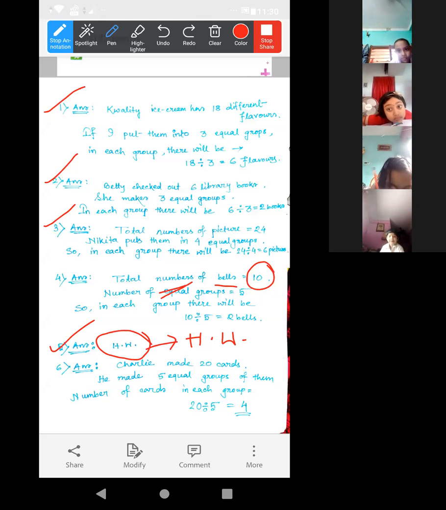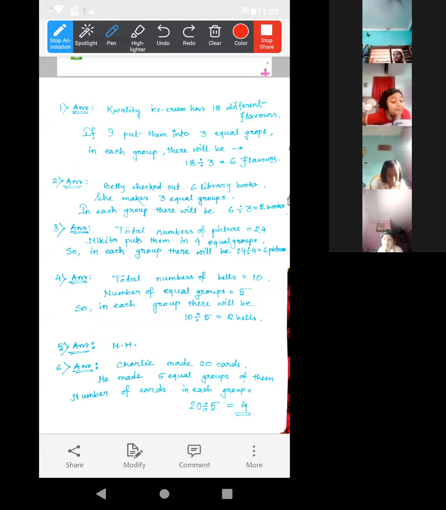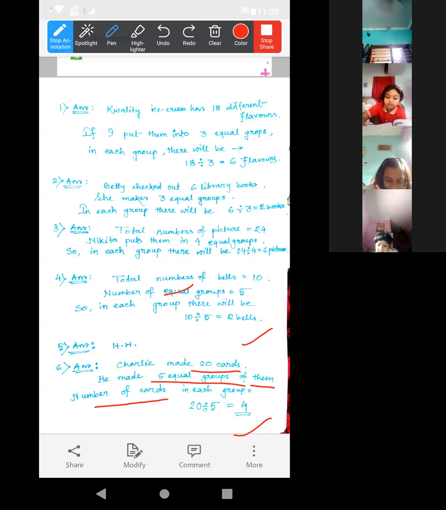Look at this here. You can easily write number of groups. Even if you don't write this equal, no issue. Now complete this one. Here Charlie made 20 cards. He made 5 equal groups of them. Number of cards in each group.